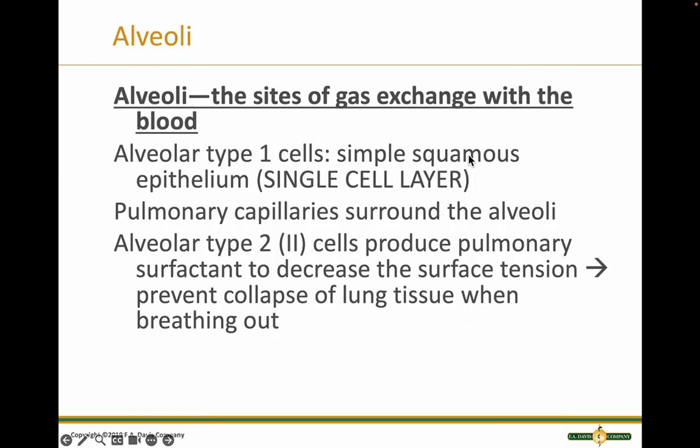So again, the alveoli are the sites of gas exchange from the lung with the blood. And it's just like we talked about in terms of oxygen getting picked up by red blood cells filled with hemoglobin.